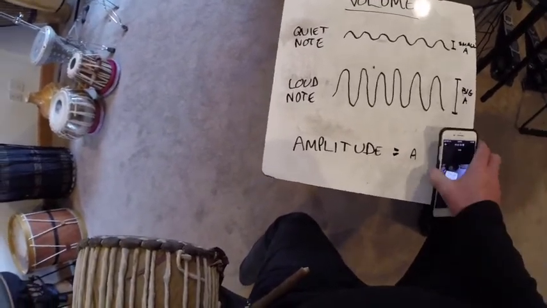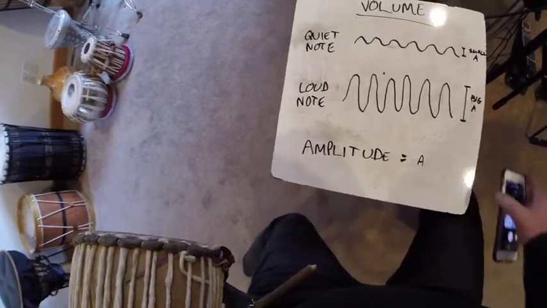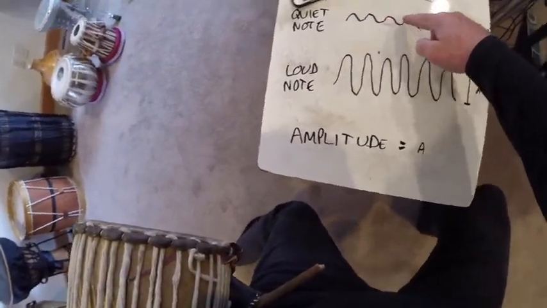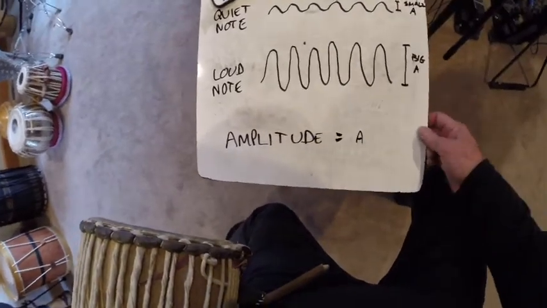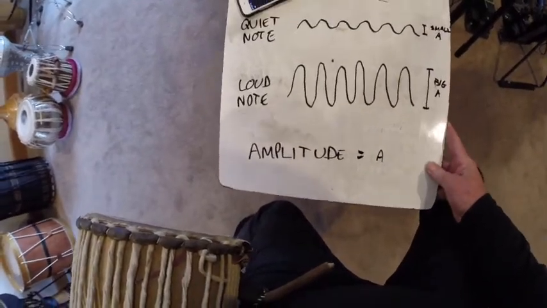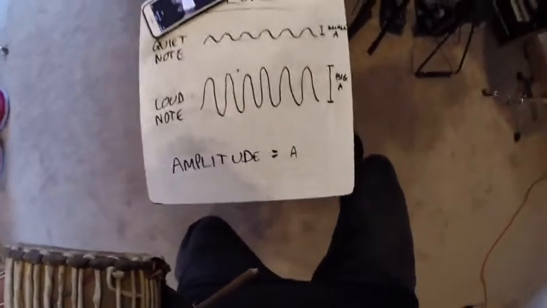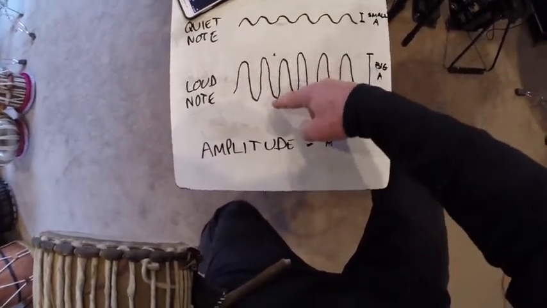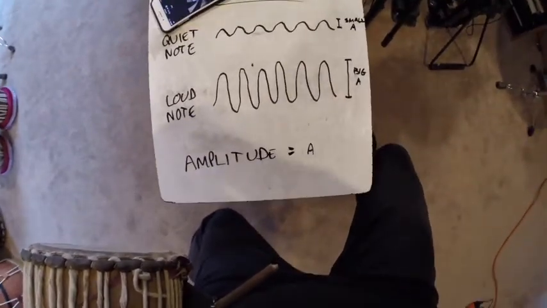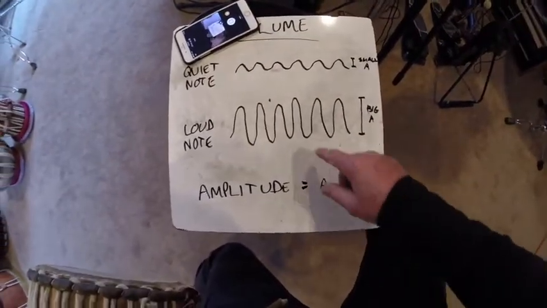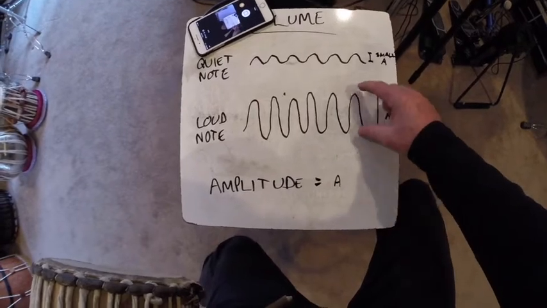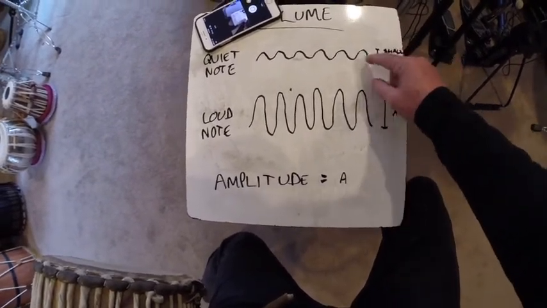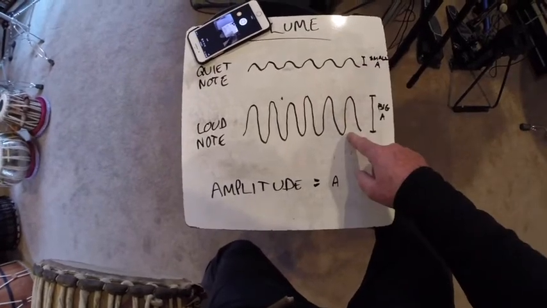And a quiet note is going to have a very small amplitude, small waves, whereas a large note, a loud note, is going to have these big waves. Big amplitude from top to bottom, small amplitude from top to bottom, quiet and loud.